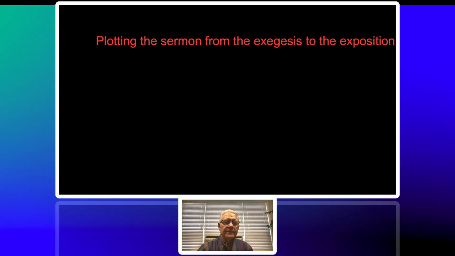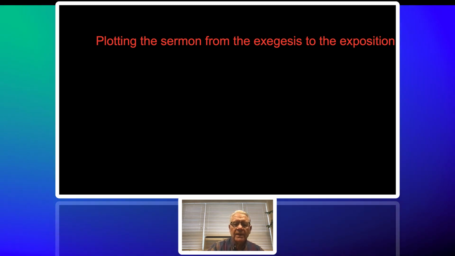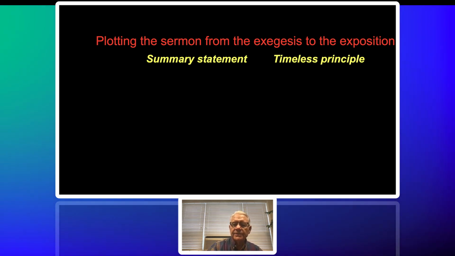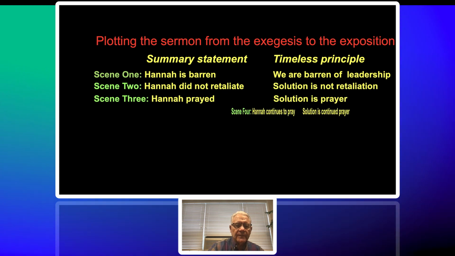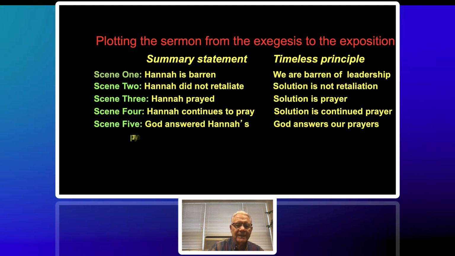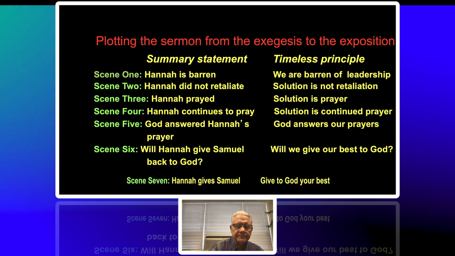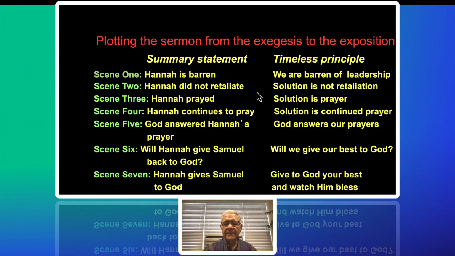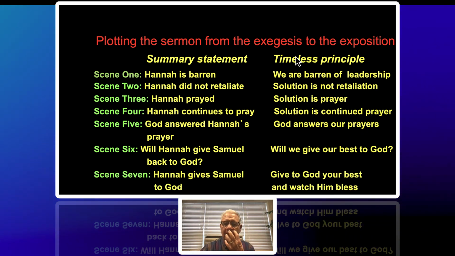Then you have, I'm just going to go through this. I think you comprehend it, plotting the sermon from exegesis to exposition, where in each scene you make a summary statement that will become the timeless principle and the main divisions.